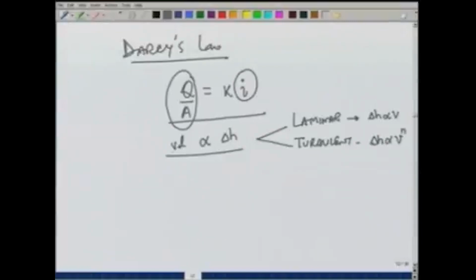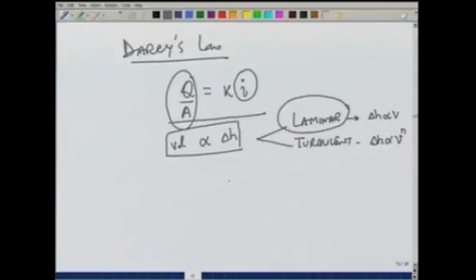So, if we look at Darcy's law, what it tells us is that the flow has to be laminar. In order that Darcy's law is valid and velocity is proportional to delta h, or the head loss is proportional to the first power of velocity, we need to have some kind of laminar flow within the porous media.